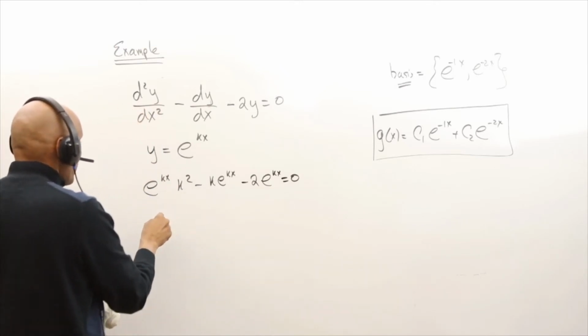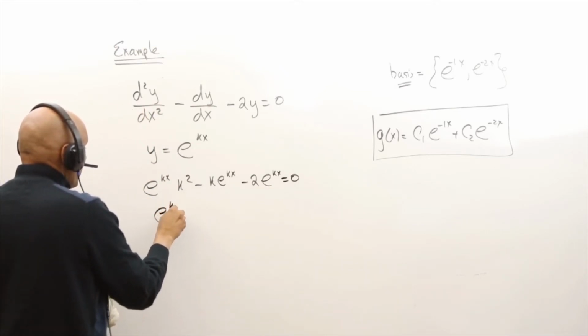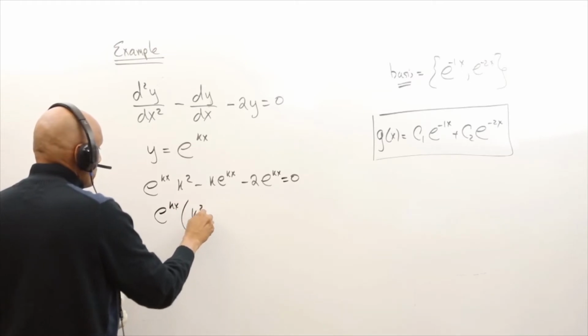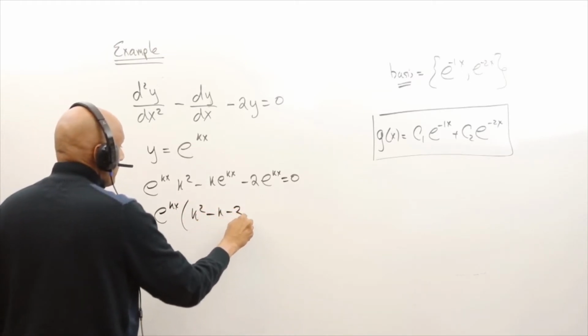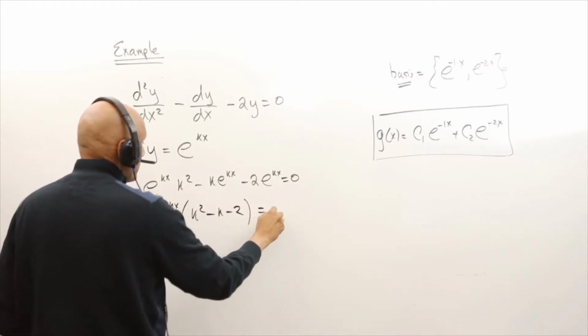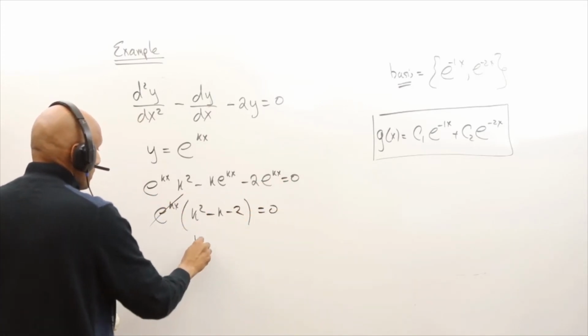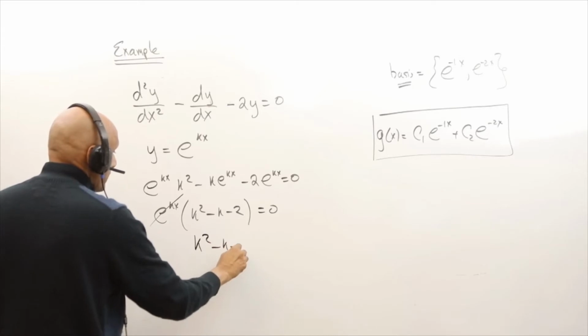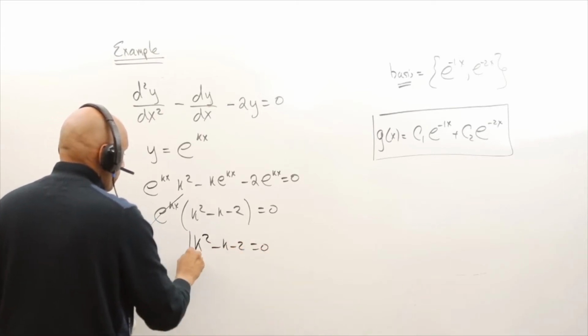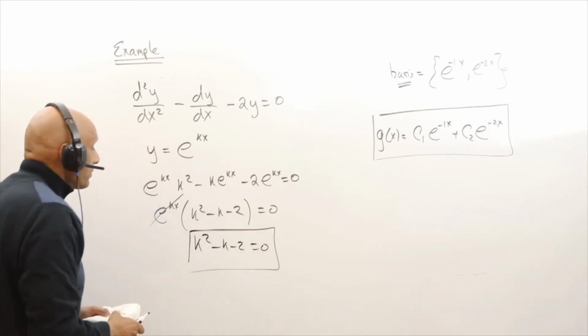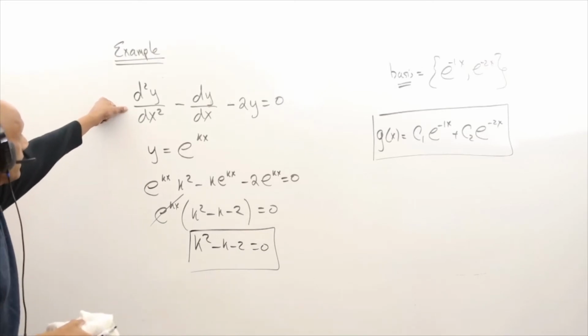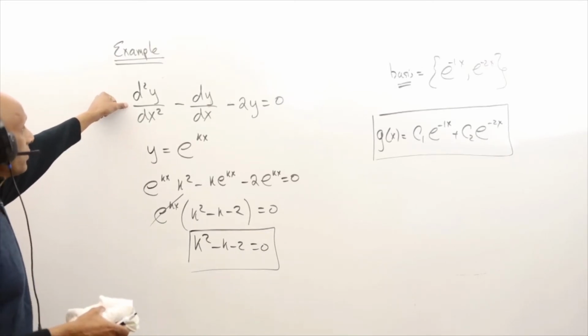Factoring out e to the kx and dividing through, we can drop the e to the kx on both sides and we get k squared minus k minus 2 equals 0.